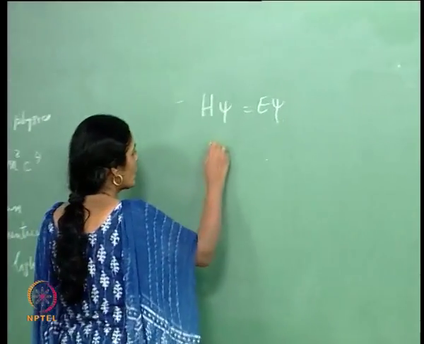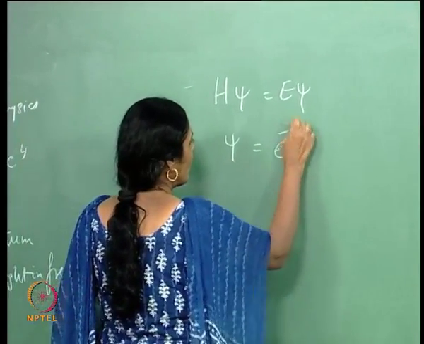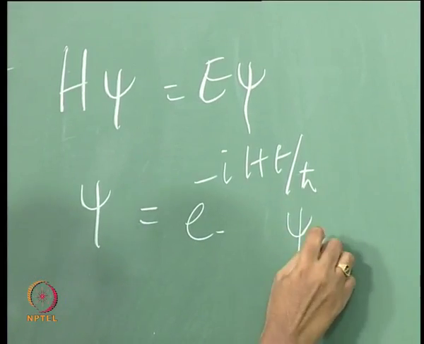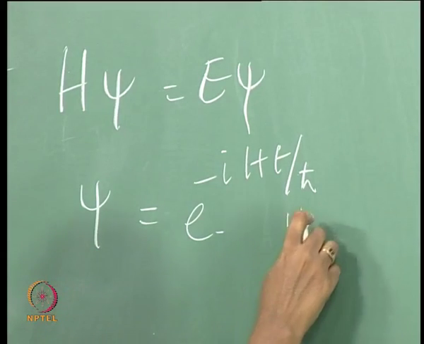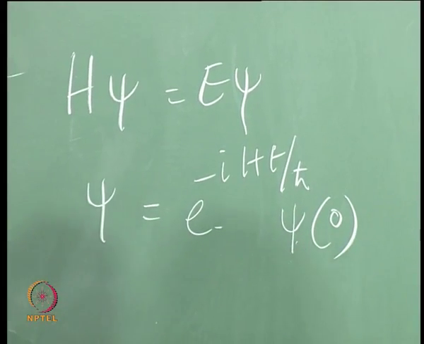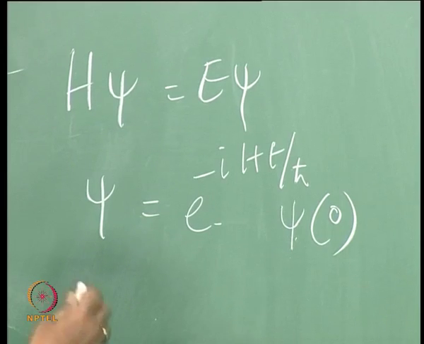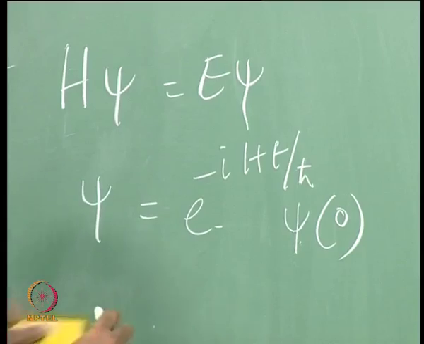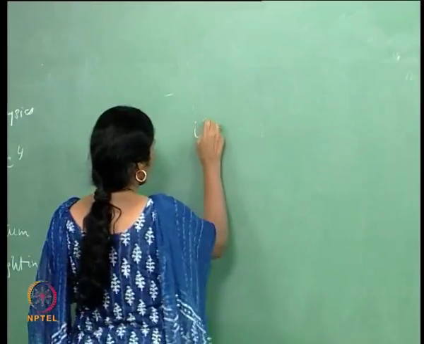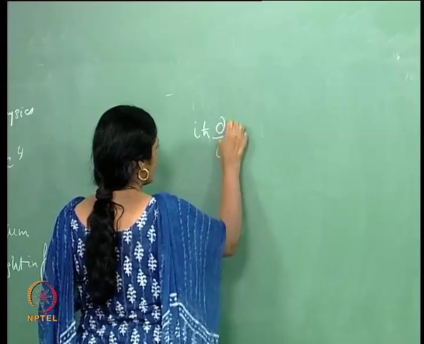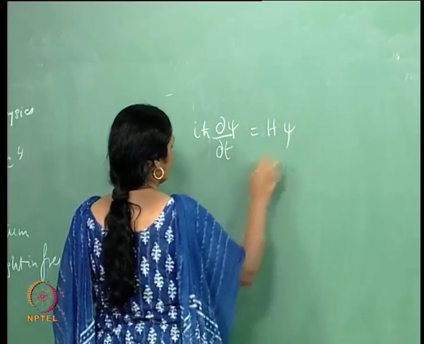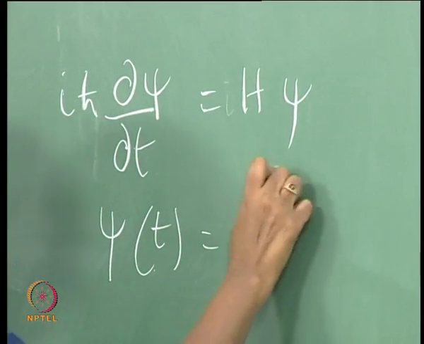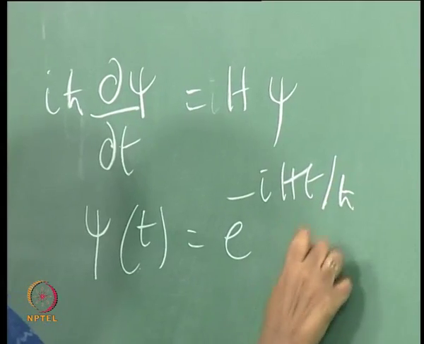So the formal solution for psi is e to the minus i H t by h cross psi of 0. So this is what I have. So let me look at the Schrodinger equation itself. i h cross ∂/∂t psi is H psi, and therefore the solution is psi of t is e to the minus i H t by h cross psi of 0.